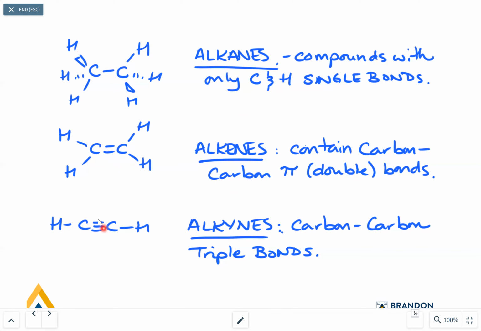When you add another pi bond between the same two carbons, we call these alkynes. And so these are triple bonds. And the chemistry of an alkyne is quite similar to an alkene. In certain reactions, it can react a little bit more because there's another pi bond to react.